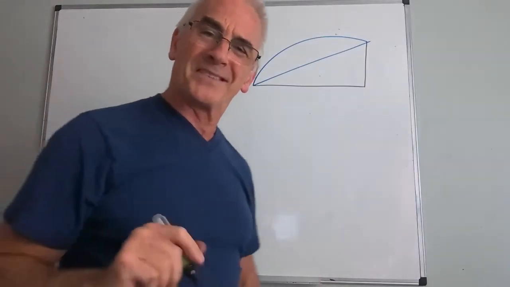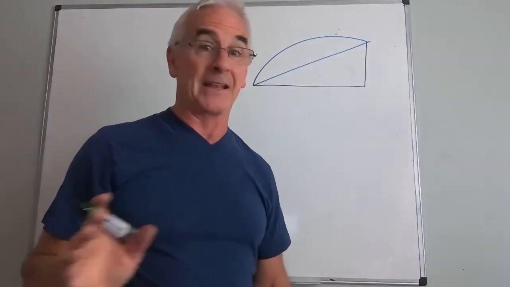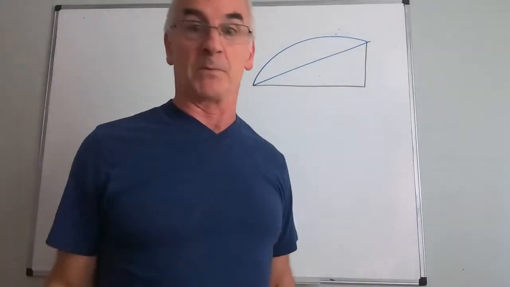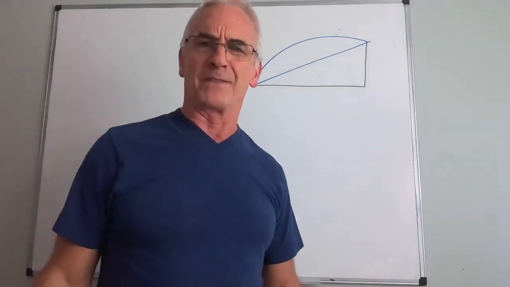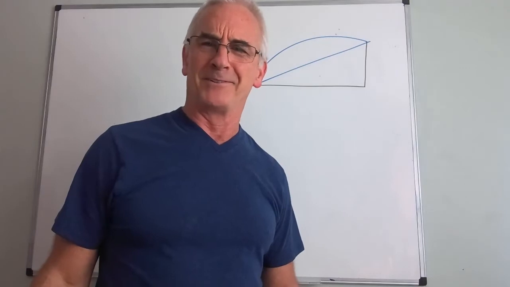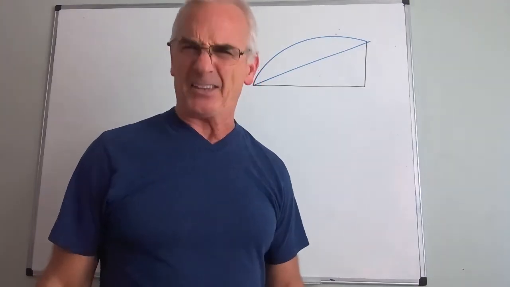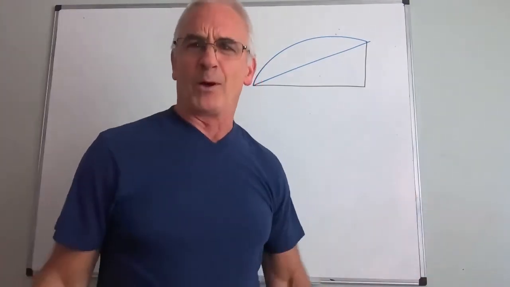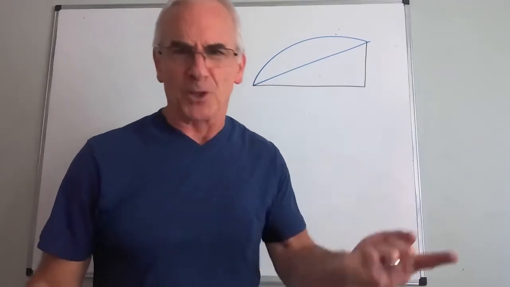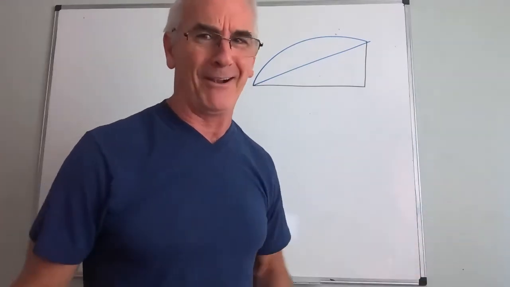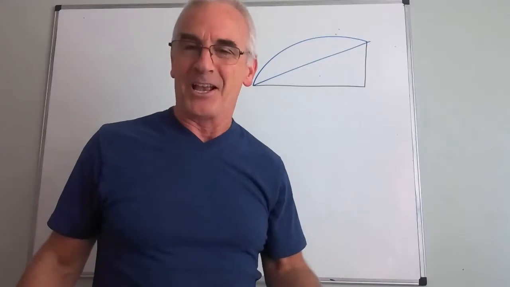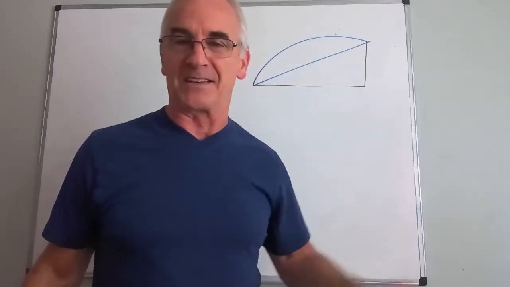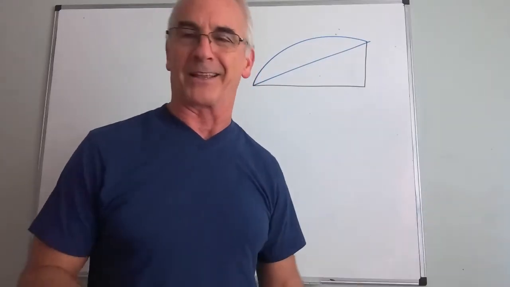Does anybody know what symbol we always use for arc length at every level of math, including three-dimensional Calc 3? What letter of the alphabet do we use for arc length? Is it S? It's S. Well, remember, we use M for slope. So there's really no logic there. Yeah, we use a little s, and in every capacity in math, when you see a little s, it's always arc length.